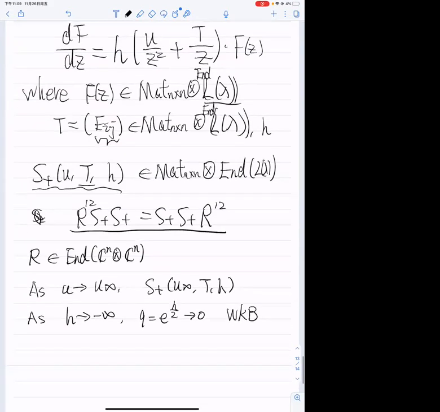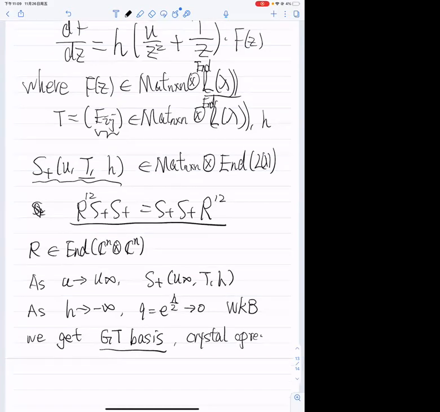As we did in the classical case, we get the Gelfand-Tsetlin basis, as well as the crystal operators acting on this basis, because as Q goes to 0, this corresponds to the crystal limit. So in principle, you should see these crystal operators in WKB.